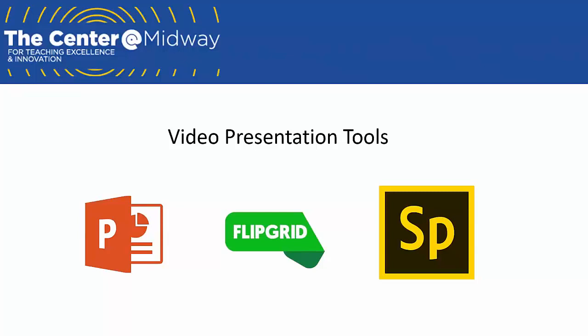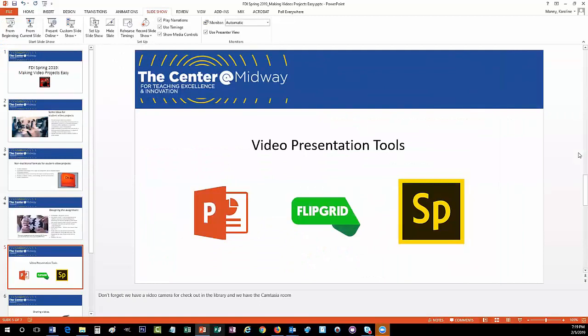And to do that, I'm going to break out of my PowerPoint slide real quick. And I'm going to start out with how to record using PowerPoint, because that is kind of the most common thing that people do, and it's super easy.